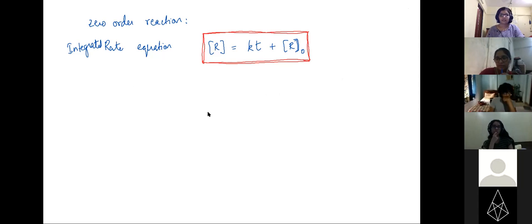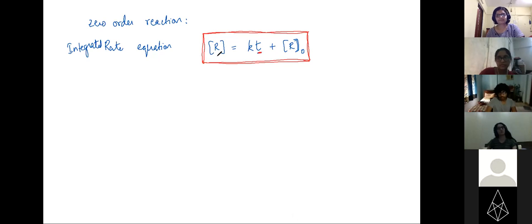Cool. So in this equation, what are the variables? Only time is the variable, right? Because K is the rate constant. Yeah, K is a constant. So time is a variable. What about concentration of R?